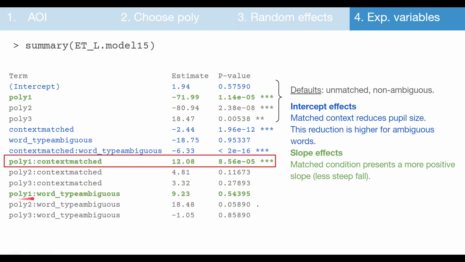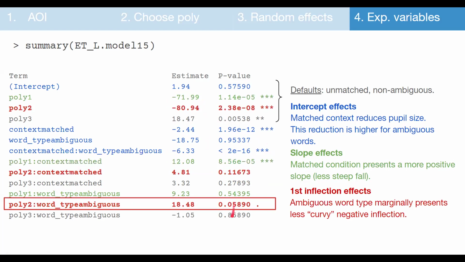And then, well, this is the slope effect for the other factor, the ambiguity, the word type, but it's not significant. And finally, we have this marginal effect of the quadratic term, that is that the ambiguous words marginally present a less curvy negative inflection.